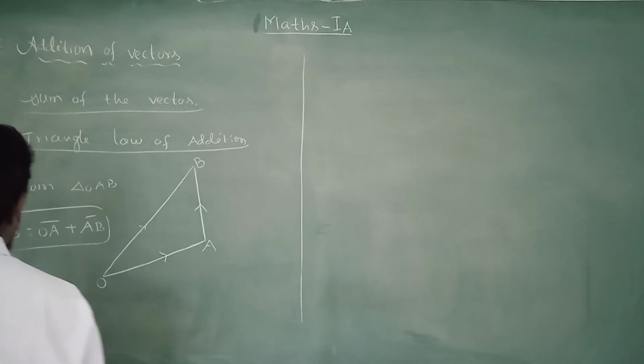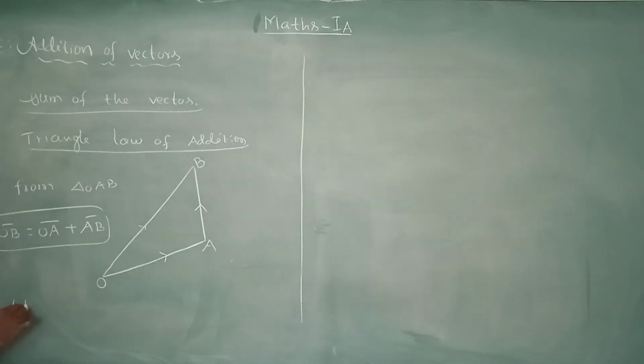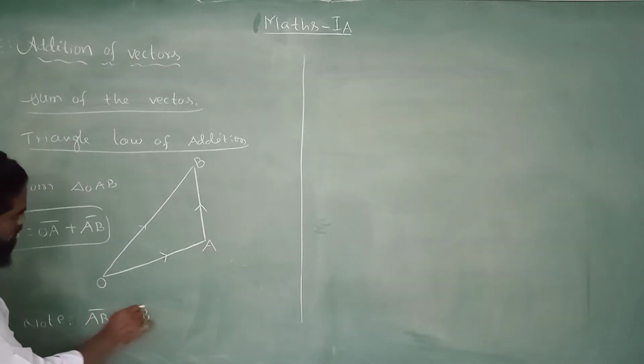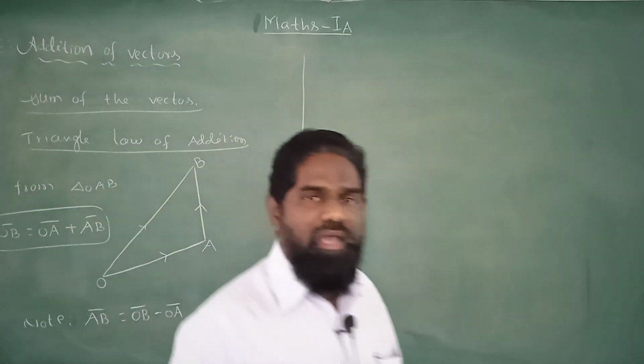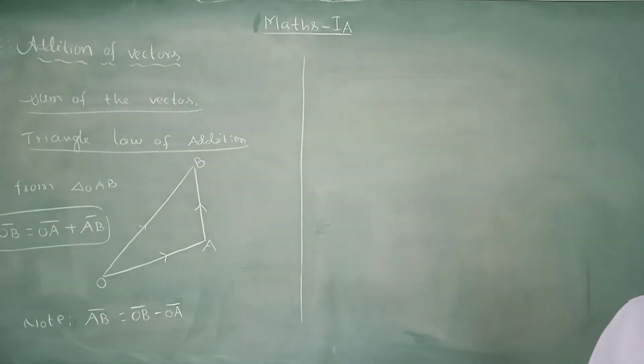Understand? So here, a note on this condition: we can take AB bar equals OB bar minus OA bar. It means every vector can be written as the difference of two position vectors. Understand?